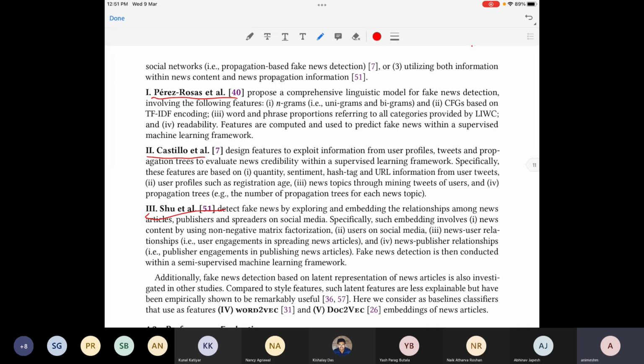Some of them would use the engagement features, like how much the user retweets a particular news article. Okay, so all these things. So basically, these two are more like the style based baselines, and this is slightly toward propagation based, where they're seeing how many tweets and how many retweets of the articles have happened.